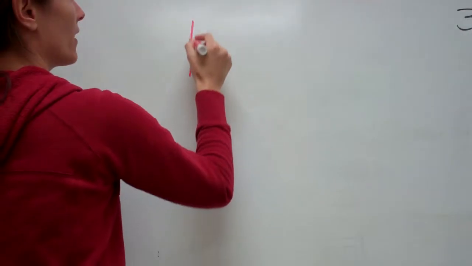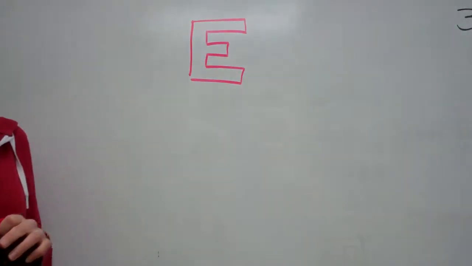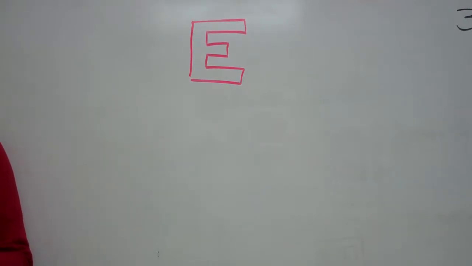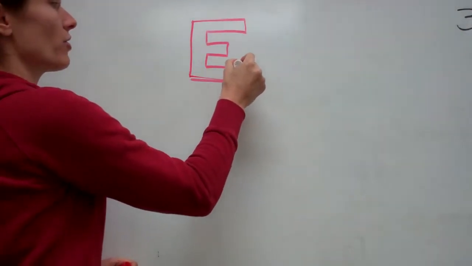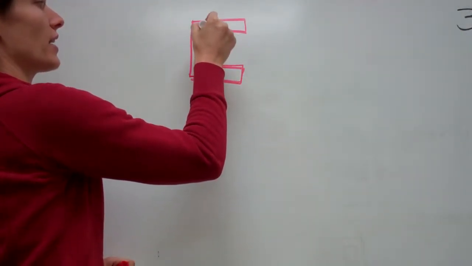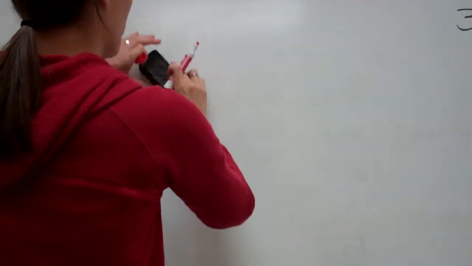Let's do an E. What sided shape is it? Dodecagon, which is 12 sides. Very good. That was 1, 2, 3, 4, 5, 6, 7, 8, 9, 10, 11, 12. Excellent job. All right, let's try T.